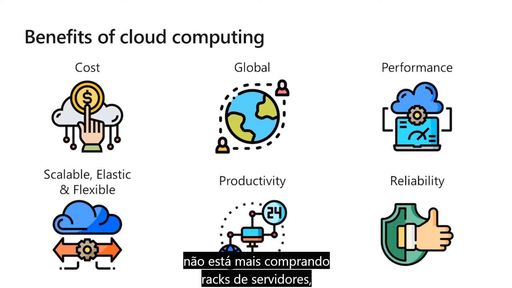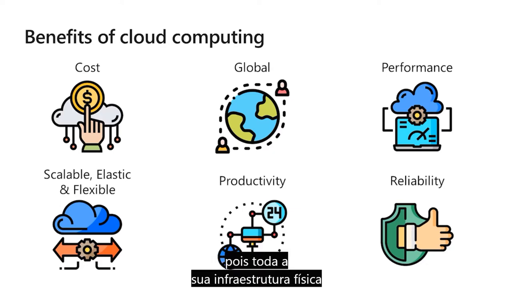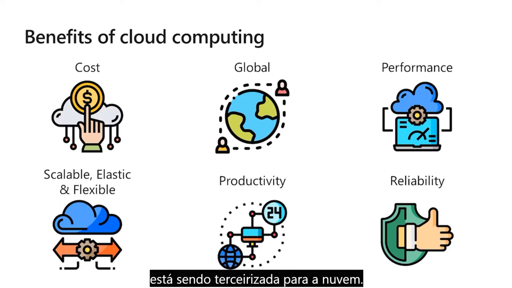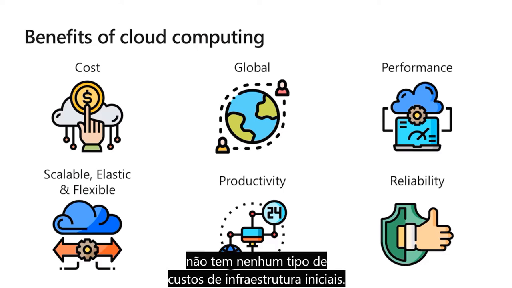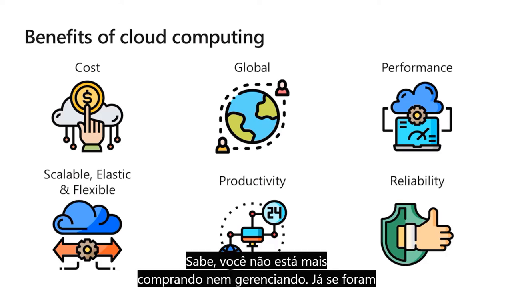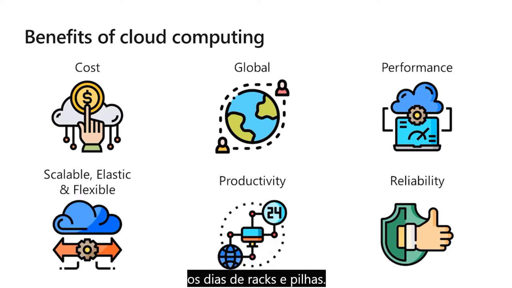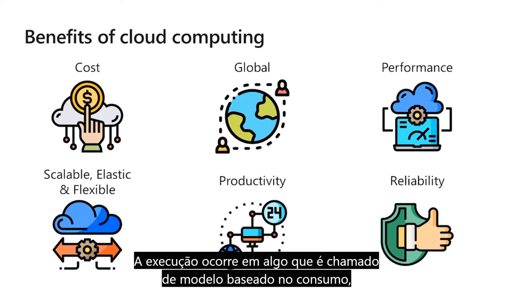You're no longer purchasing racks of servers, nor do you need electricity or power or cooling running to that, because all of your physical infrastructure is being outsourced to the cloud. And what this means is you don't have any type of upfront infrastructure costs. You're no longer purchasing or managing. Gone are the days of racking and stacking. And we run on something that's called a consumption-based model.